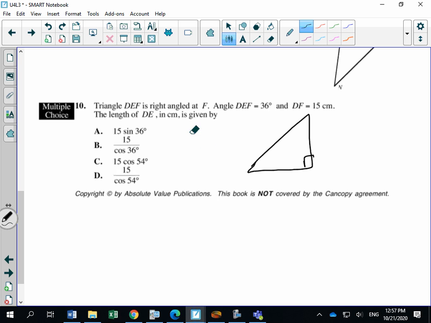Okay, so this time they want 36 degrees. What letter do they want me to, so DEF, okay, so here's why we start this.